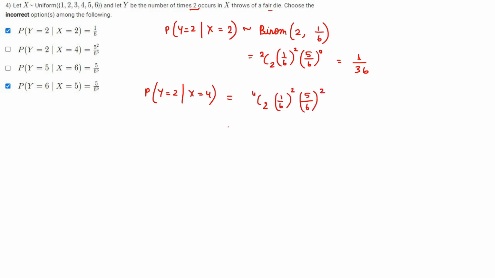So this is nothing but 4 into 3 divided by 2 into 1 into 1 by 36 into 25 by 36. So that is nothing but 25 by 216, right?